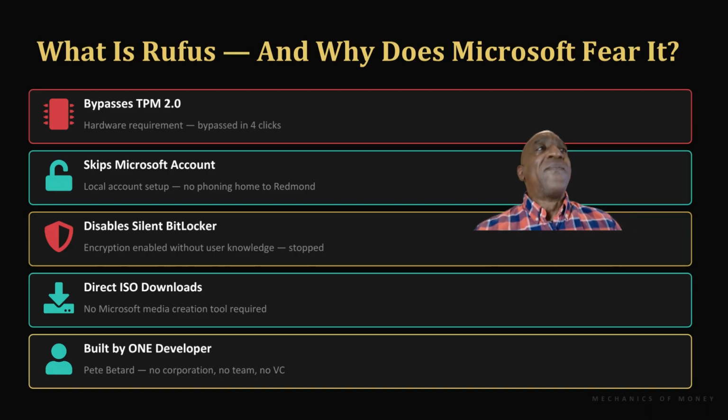If anybody's familiar with BitLocker, they know how frustrating it can be to deal with. So it disables silent BitLocker activation and downloads the ISO directly, and avoids the Microsoft Media Creation Tool.